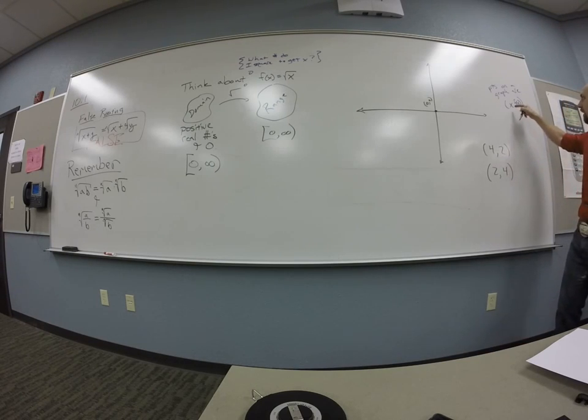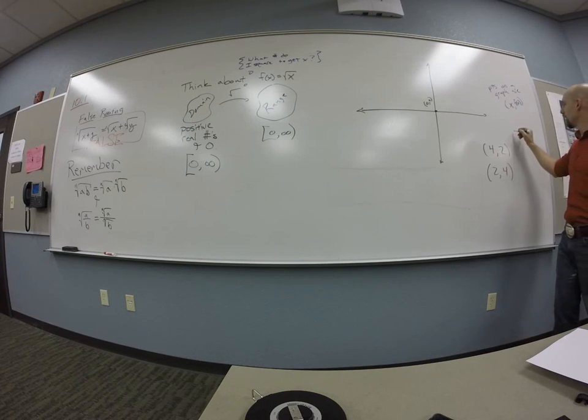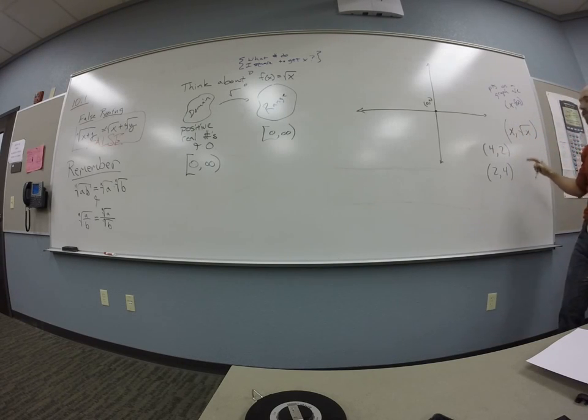But there should be an input, output, right? So this should be the thing I input, and then the thing that I output. These should look like x comma root x, right? So 4 comma root 4 should be on my picture. Root 4 is 2, that's this one.